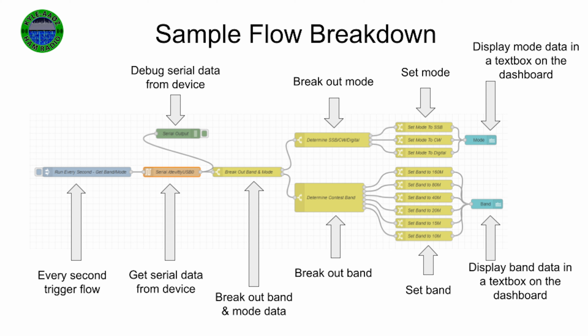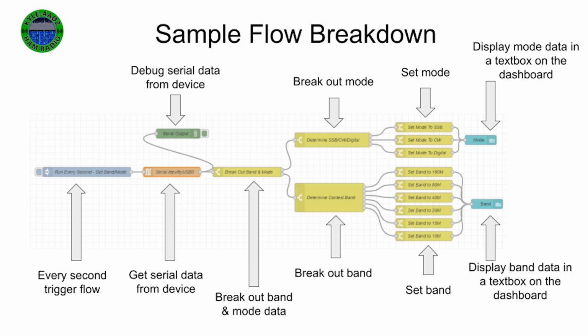It's going to break out the band and the mode data from my radio. So I'm getting my radio data. It's going to come into this node. It's going to say, what's the band and the mode? The mode is going to come up here, and the band is going to come down here. And these two are going to run simultaneously.